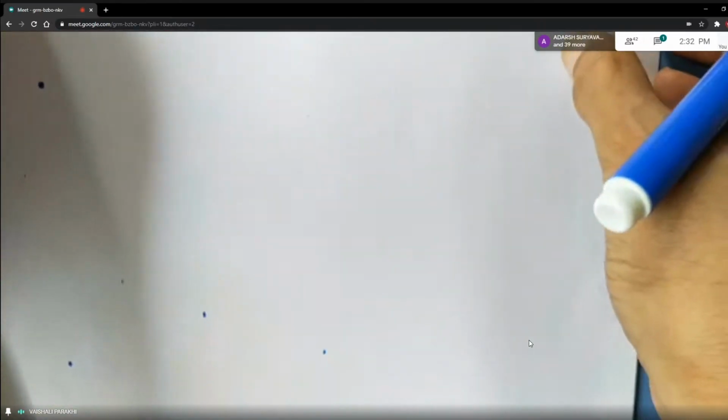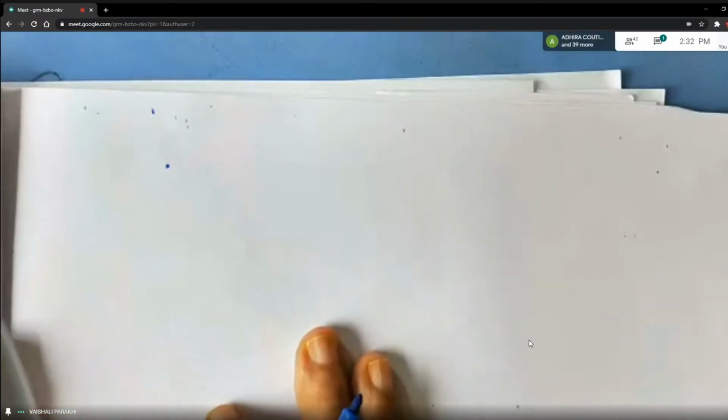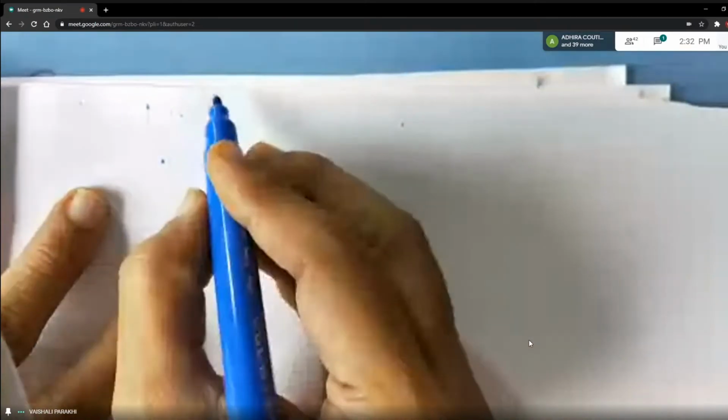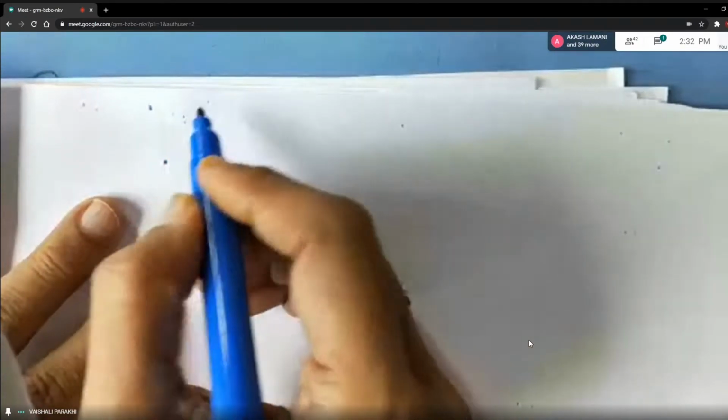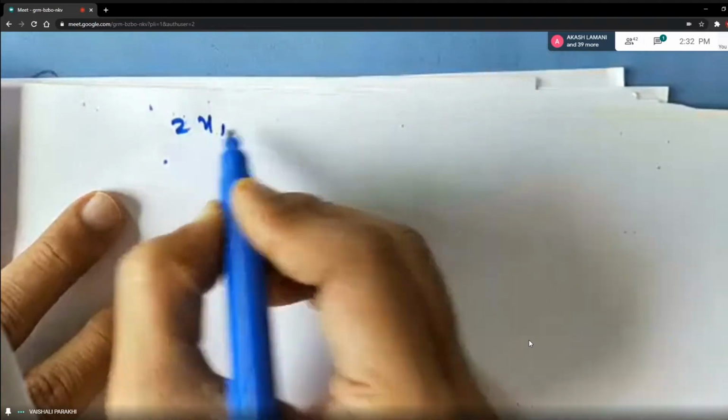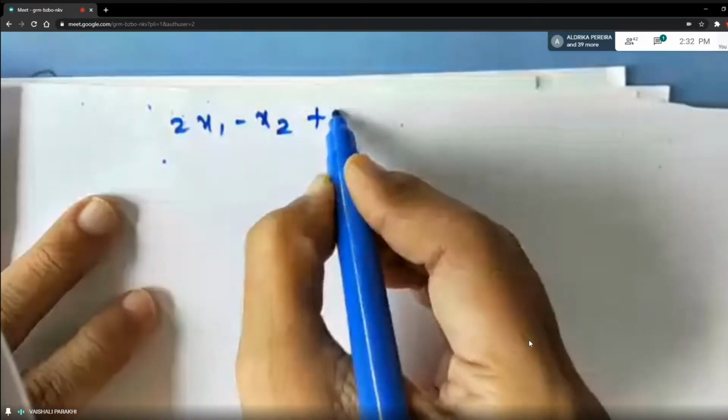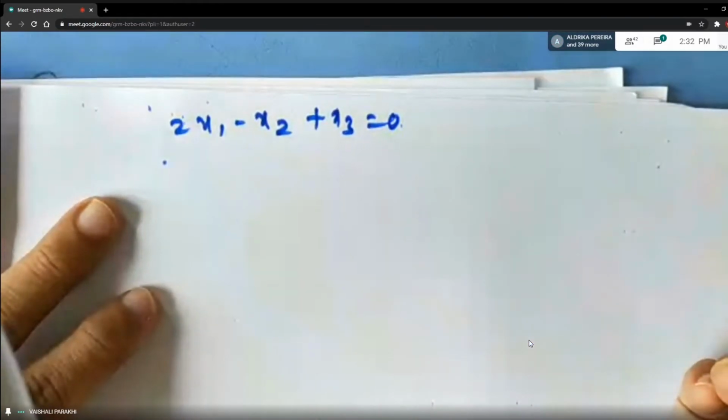Yeah. So, see here what is happening. You are getting a single equation. And what is that single equation you got, students? I'll write here. It was 2x1 minus x2 plus x3, right? Correct, no?